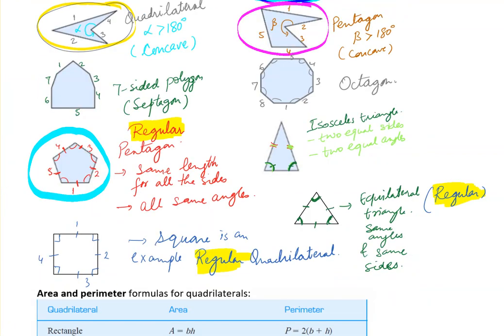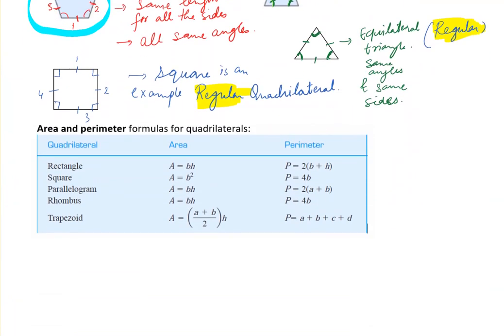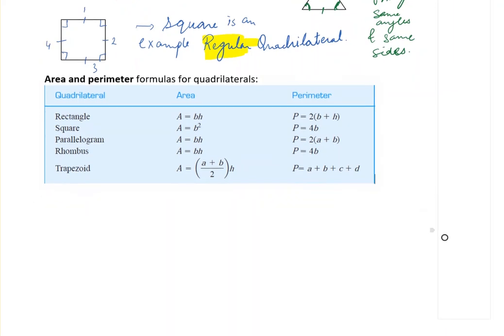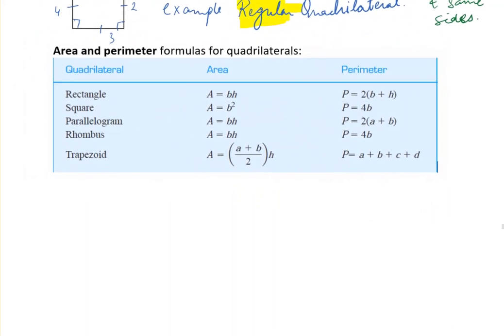Next, we're going to discuss the areas and perimeters for the quadrilaterals. We have different kinds of quadrilaterals. A quadrilateral is a shape which has four sides.